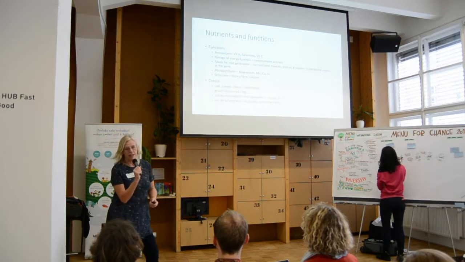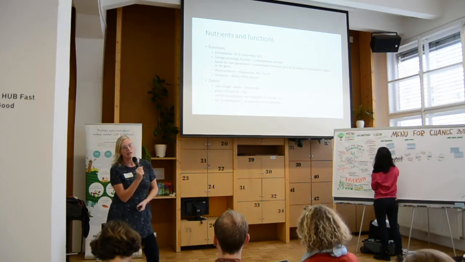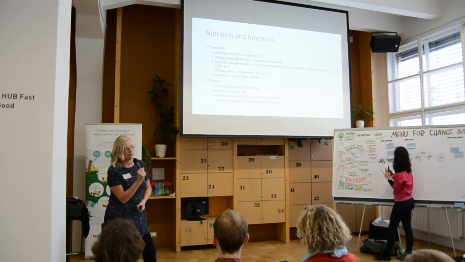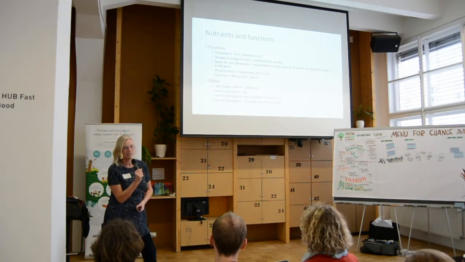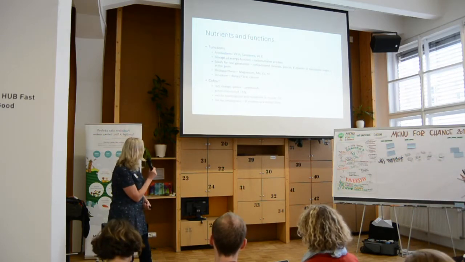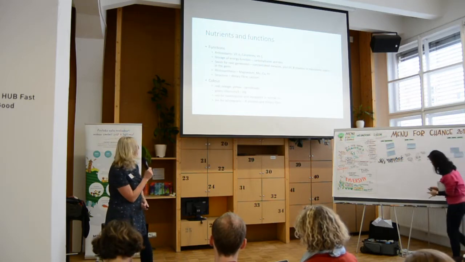And then thinking about the colour, the red, orange, yellow sort of colours usually contain some kind of carotenoids, an antioxidant. The green colour we know is chlorophyll, green leaves.